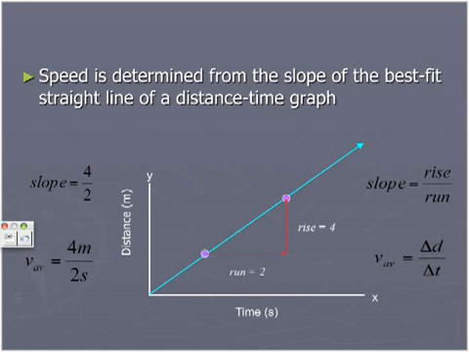But in physics, when we are labeling distance versus time, the rise is represented by the units for our distance, which is meters, divided by our time, which is in seconds, which gives us a slope, translated to our v average of 2 meters per second. Because 4 meters divided by 2 seconds divides out to 2 meters per second.